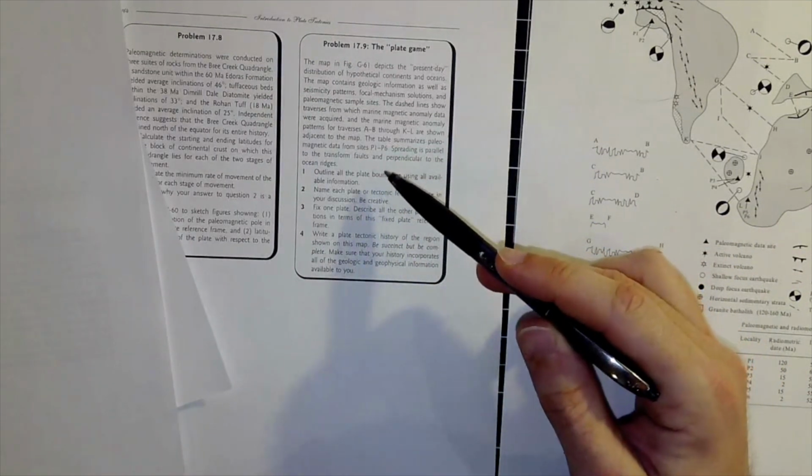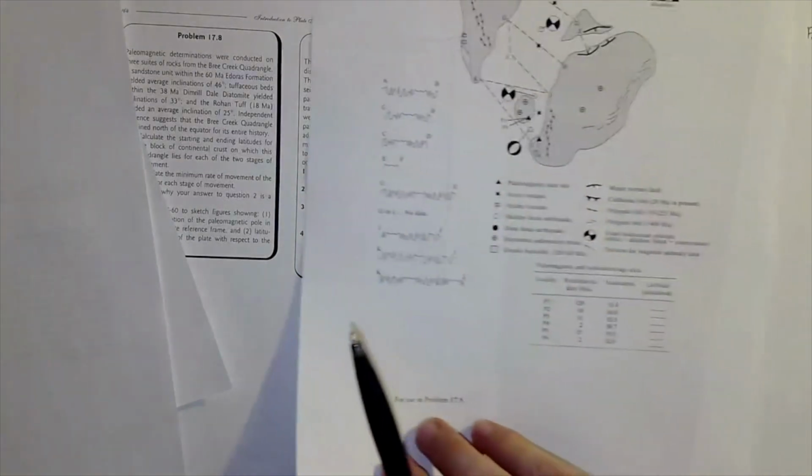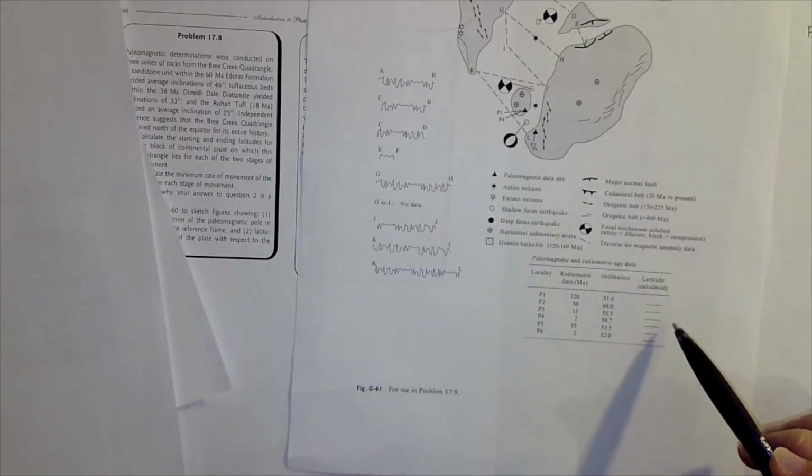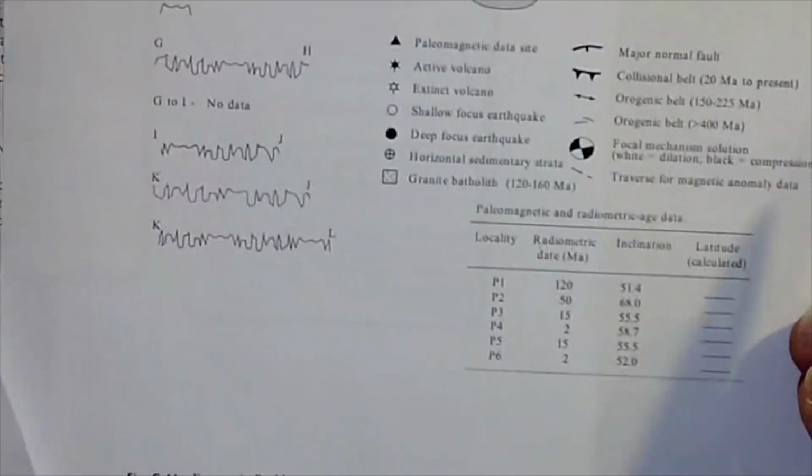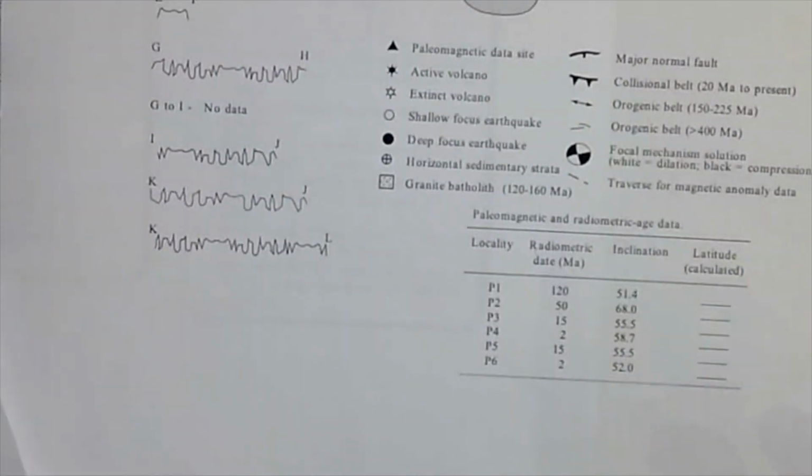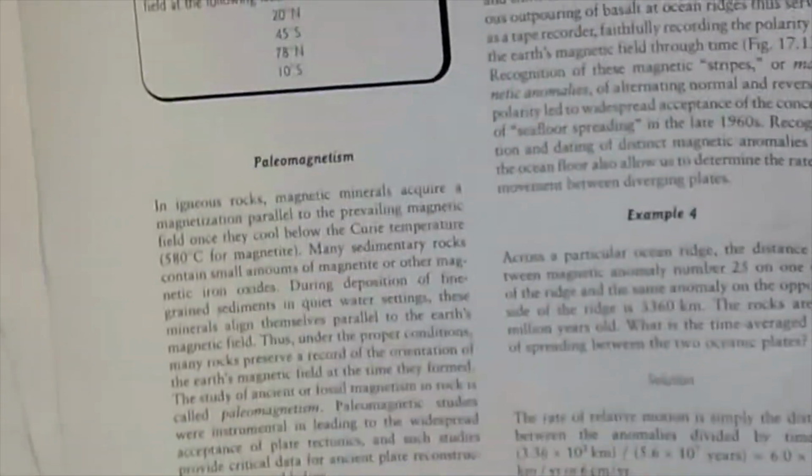So the other thing we've got is this table summarizing paleomagnetic inclination data with some radiometric ages. And this requires just a little bit of work by you. If you go back a few pages in the textbook, you will find on page 160 these equations.